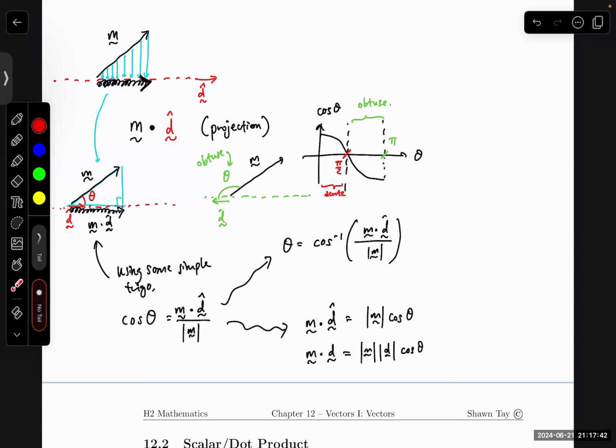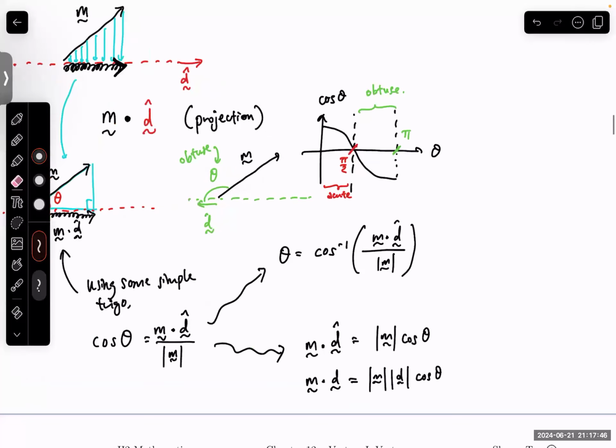That means, let me change this theta to, let's say, alpha or something, some other symbol. And theta is still the same place.